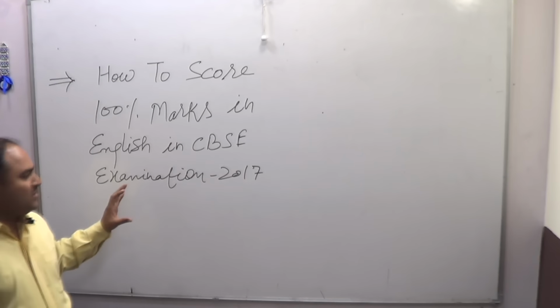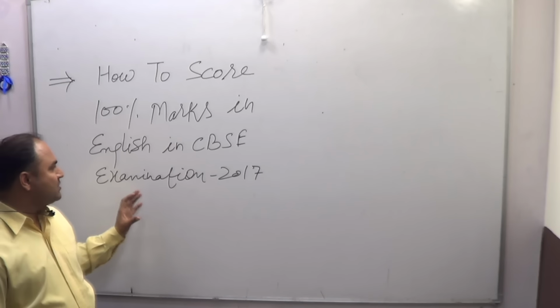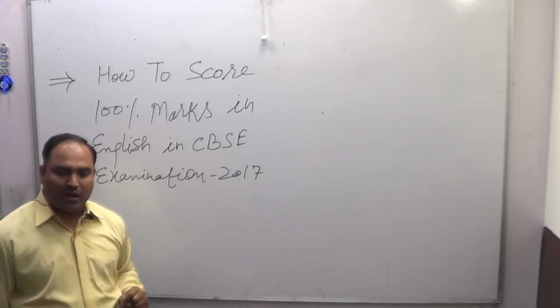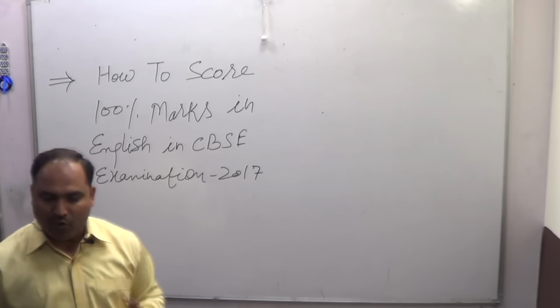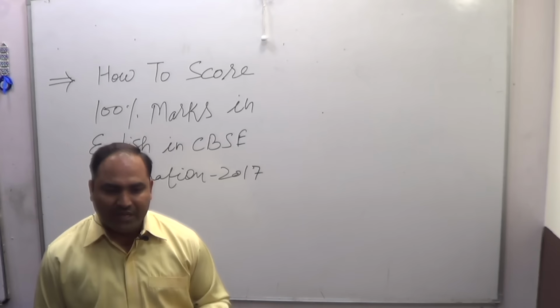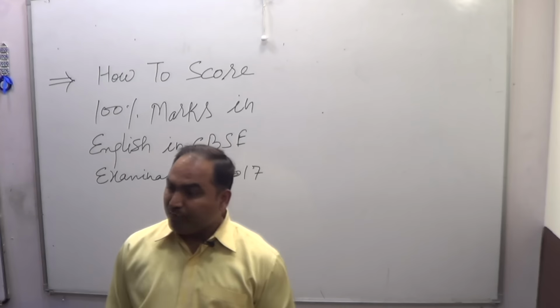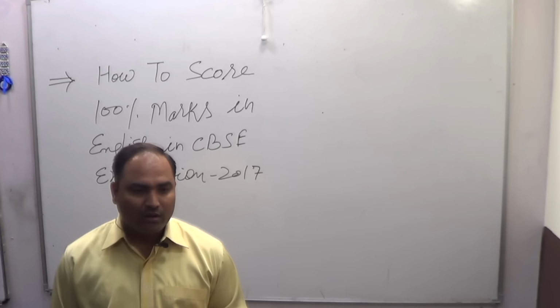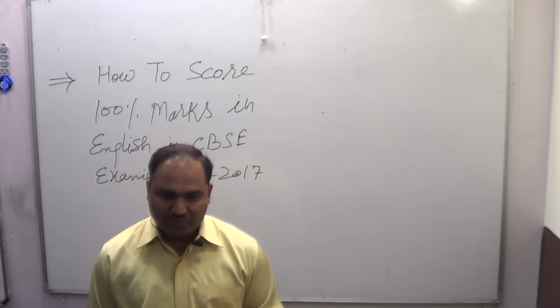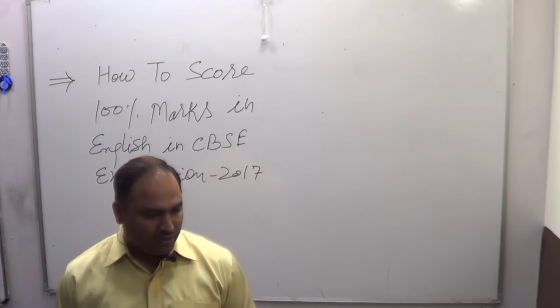So children, basically, as the topic is how to score 100% marks, one thing I would like to discuss with you, very important: while you attempt section B, writing skills, that time you need to be more particular while giving your thoughts. I tell you the example of what basically happens.